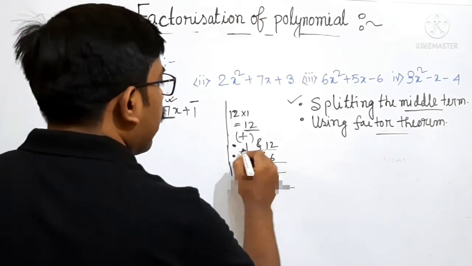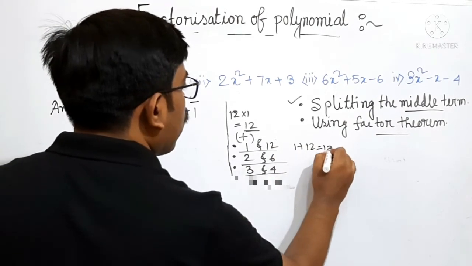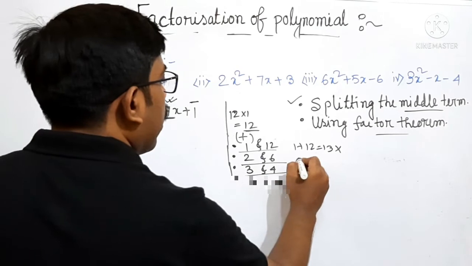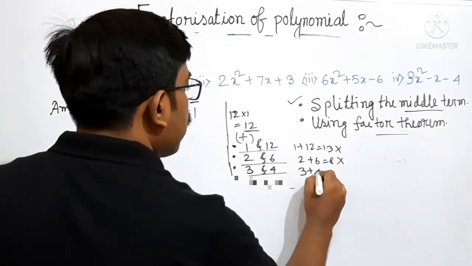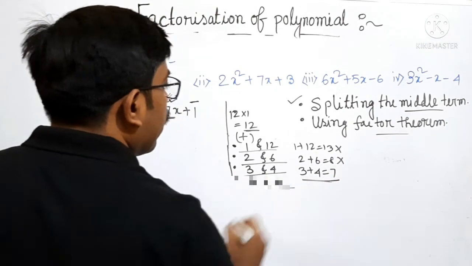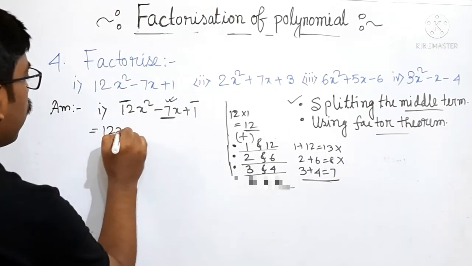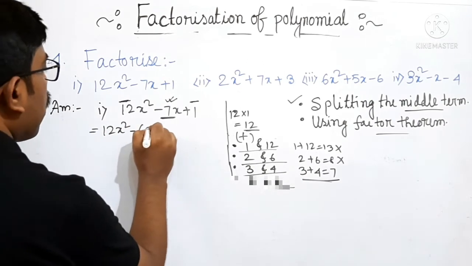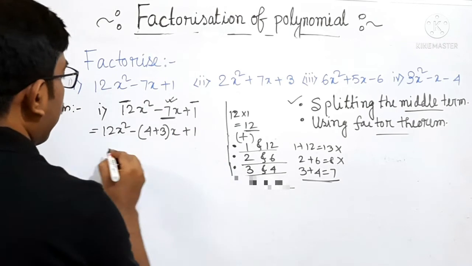Here 1 plus 12 is 13, so it is not taken. 2 plus 6 equal to 8, it is not taken. 3 plus 4 is equal to 7. We take this pair. So therefore it will be 12x square minus (4 plus 3) into x plus 1.